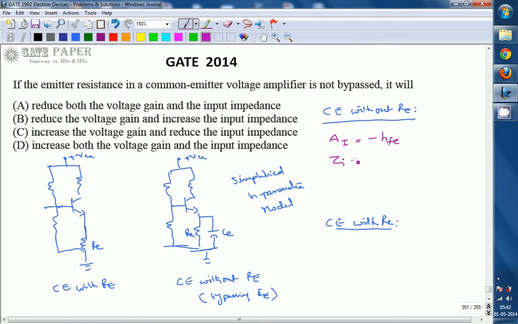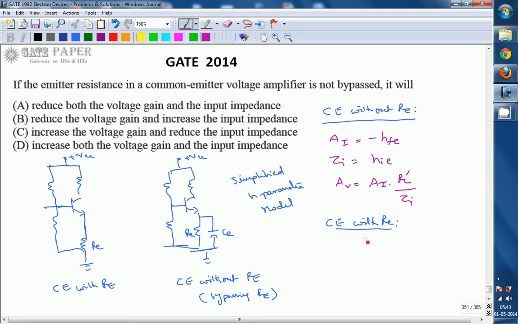For the bypassed circuit, the current gain AI is minus HFE, the input impedance ZI is nothing but HIE, and AV is equal to AI times RL dash divided by ZI. These are the equations for the current gain, input impedance and voltage gain.